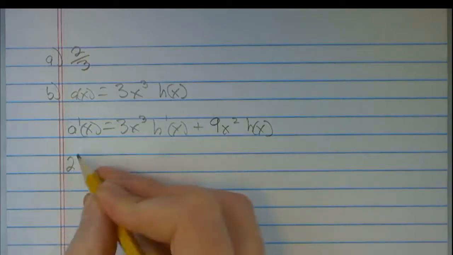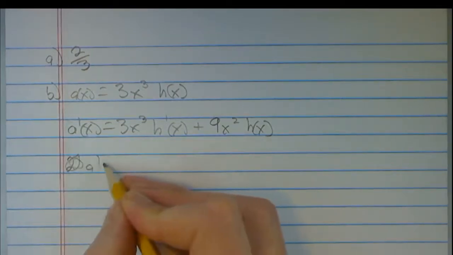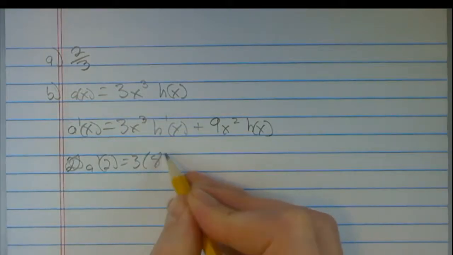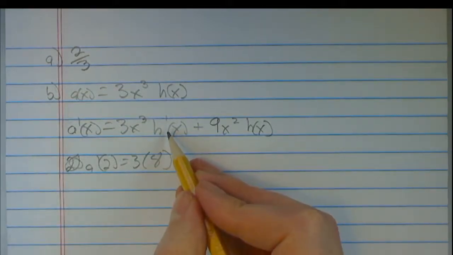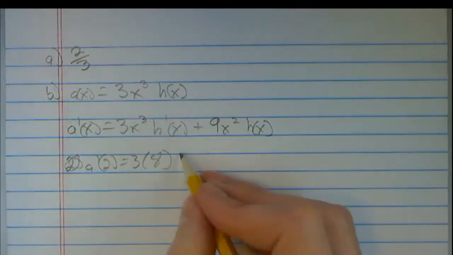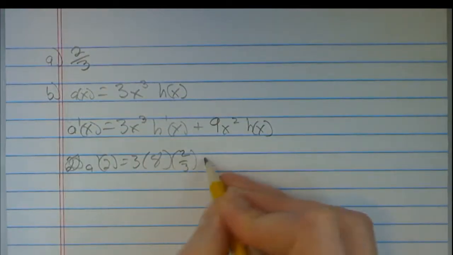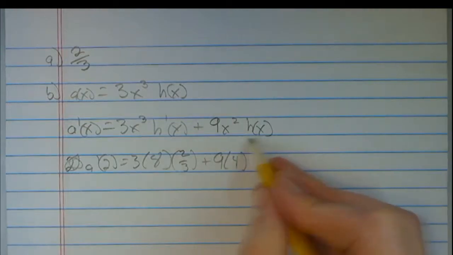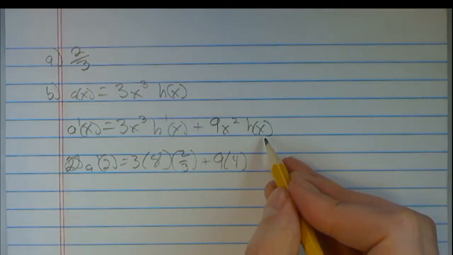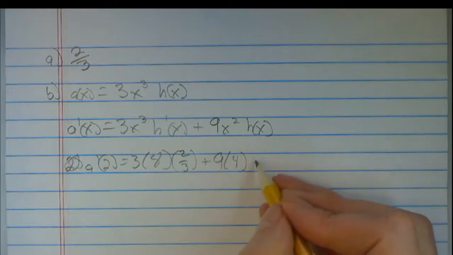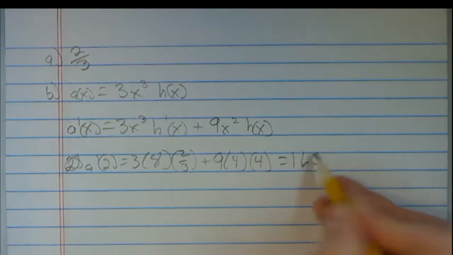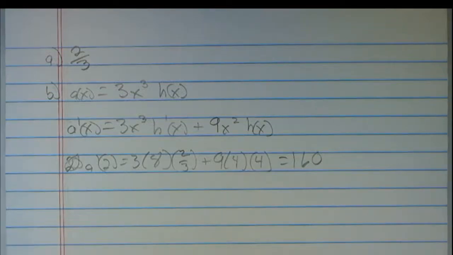Then a prime of 2 will be 3 times 8 times h prime of 2, that's what we found in a, 2/3, plus 9 times 4, h of 2, this was given to us in the stem of the problem, h of 2 is equal to 4. And then this is whatever that is, 160, because I'm looking at the answer key.